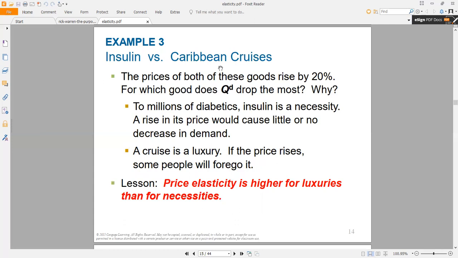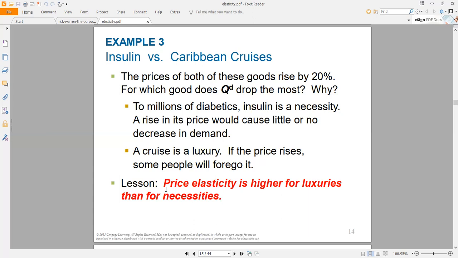But if you take cruises, this is a luxury and people can do without them. So as soon as price increases by 20%, the fall in quantity demanded will be more than 20%. So it will make that good more elastic. So the lesson is that price elasticity is higher for luxuries than for necessities.